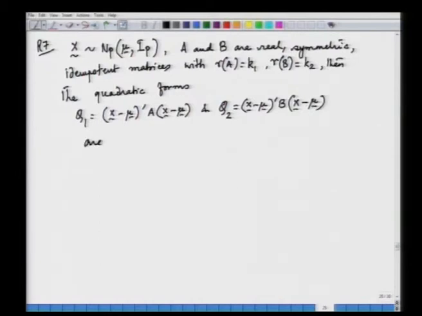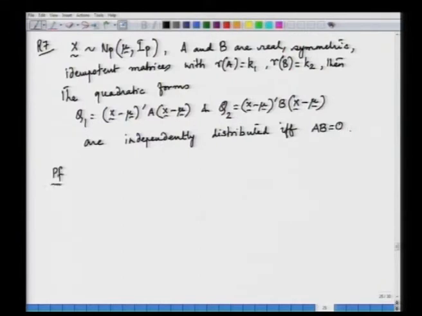They are independently distributed if and only if the product of the two matrices AB is a null matrix.